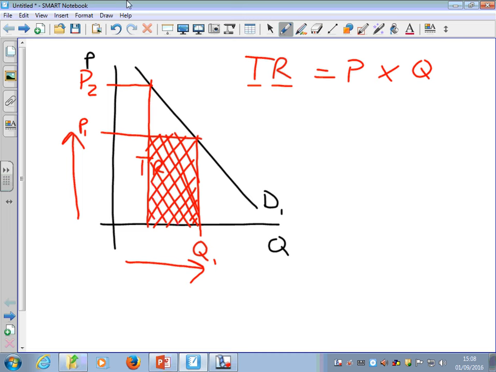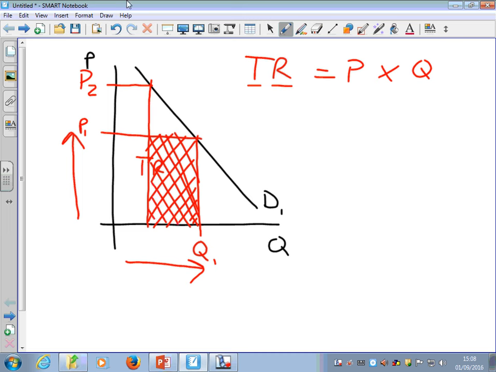And again, imagine the firm raises their price all the way up to P2. Okay, so we're now at P2, Q2. Look what happens. Business will lose that revenue box there. That's gone. Okay, so because some customers have now decided I'm not prepared to pay that price, they lose that revenue. But great news, look at this. Because they retain most of their customers and they're now paying a much higher price, they gain all that. I don't know about you, but I'd be prepared to sacrifice that red box to gain that green box.